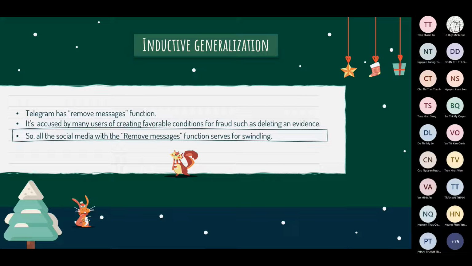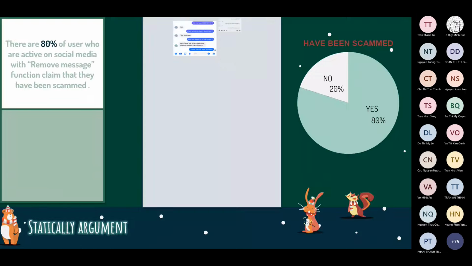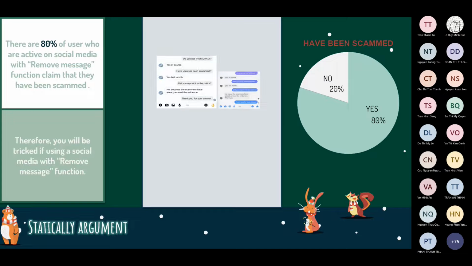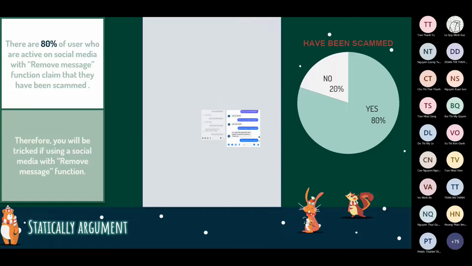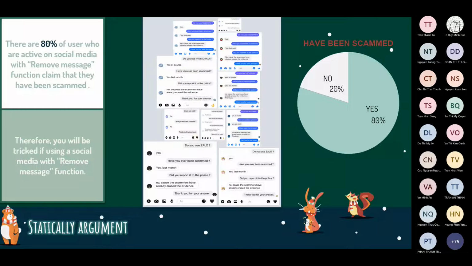So on social media, the remove message function is searched for widely. To prove that problem, I did a small online survey and the result: 80% of users who are active on social media with a remove message function claim that they have been scammed. Therefore, you will be tricked if using social media with remove message functions.